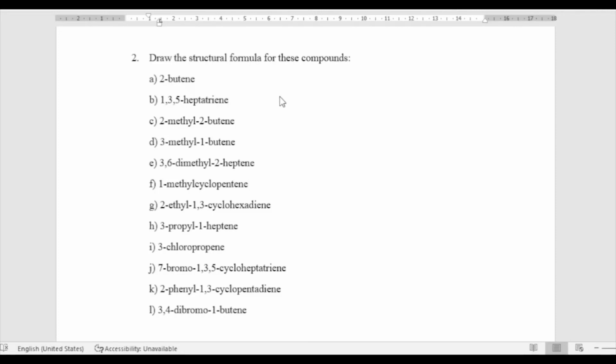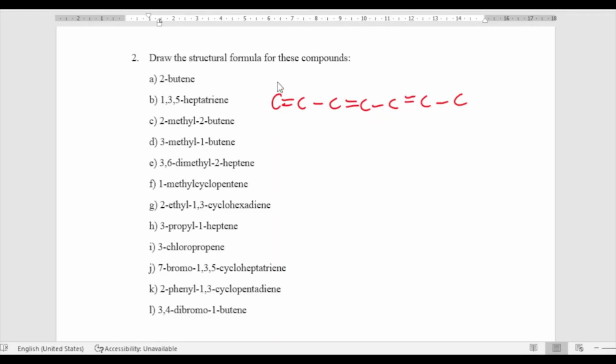Hepta means we have 7 carbon. So you draw 7 carbon. 1, 2, 3, 4, 5, 6, 7. So the double bonds are at carbon 1, carbon 3, carbon 5.